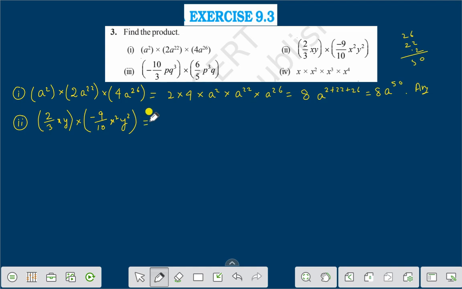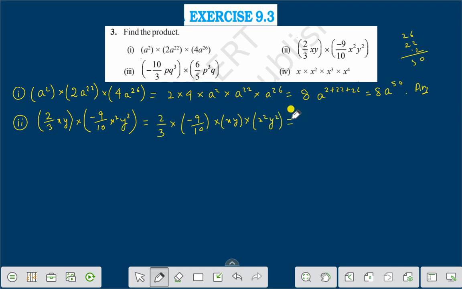First multiply the numbers, that is 2 by 3 into minus 9 by 10, into xy, into x square y square.